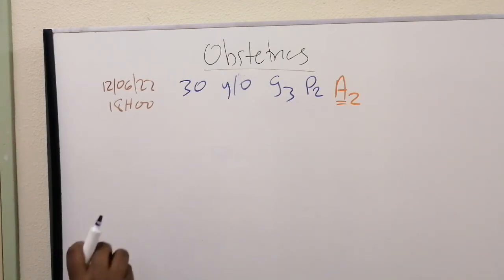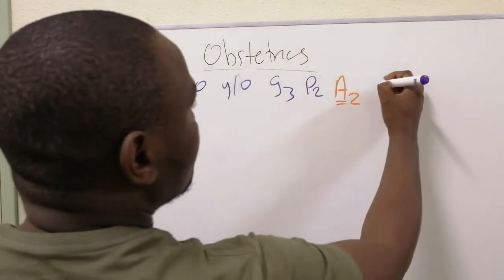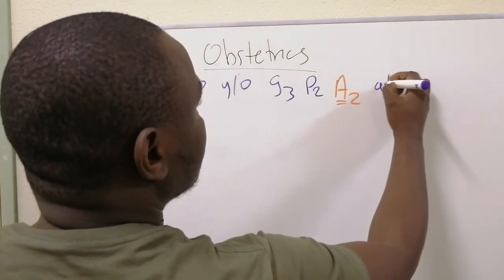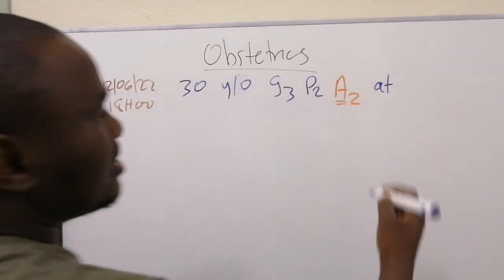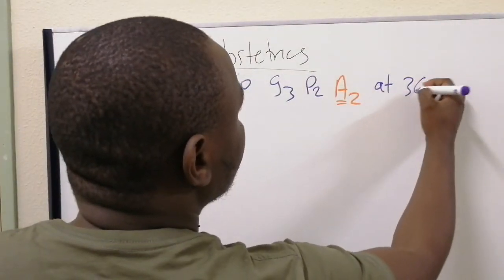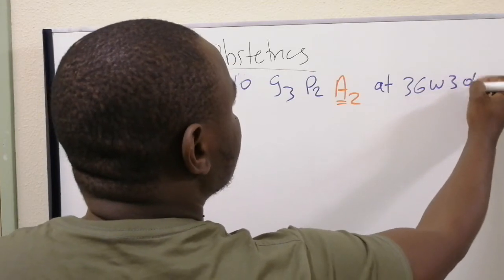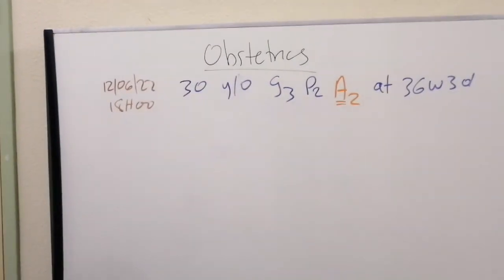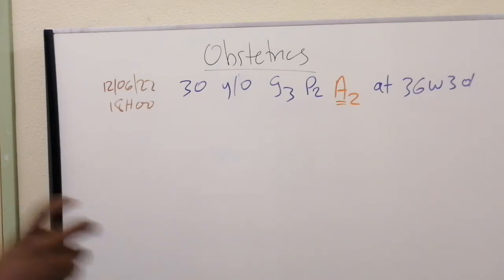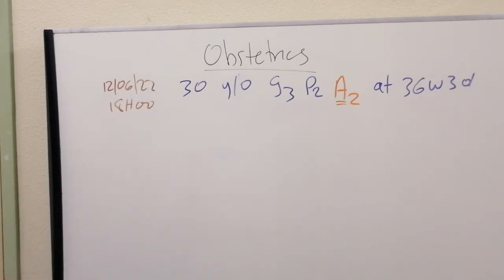How many weeks is she pregnant? Let's say she's 36 weeks, 3 days. Now, after writing 36 weeks, 3 days, you have to indicate how you came to that gestational age.